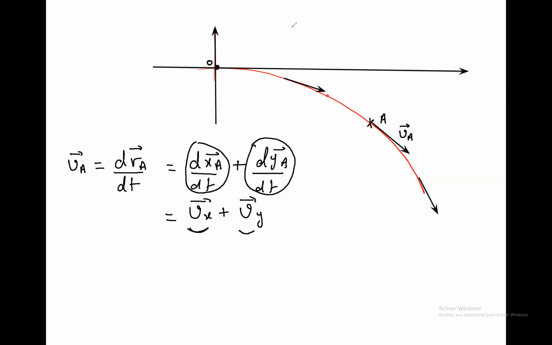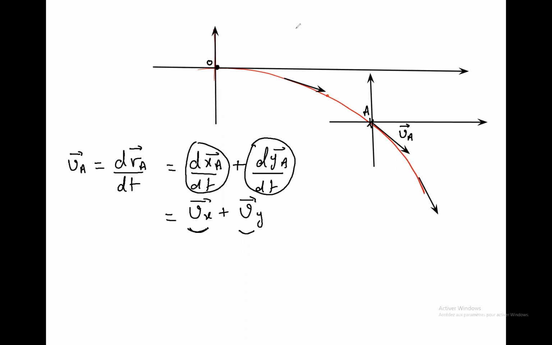At the point A, to draw the components of VA, what we do is draw x and y at this point.